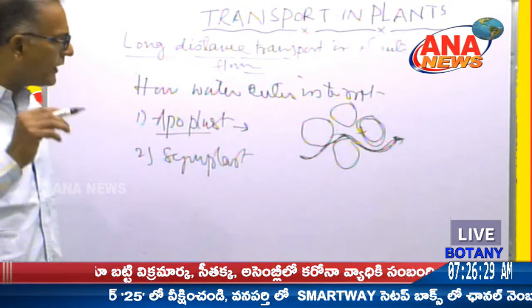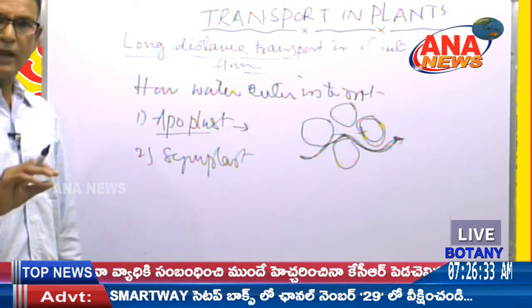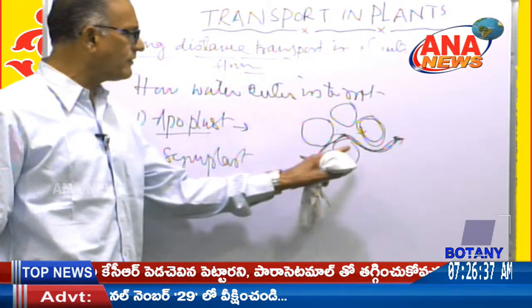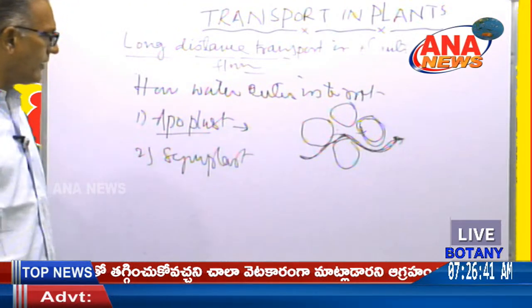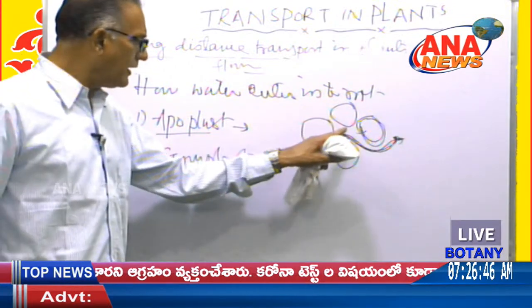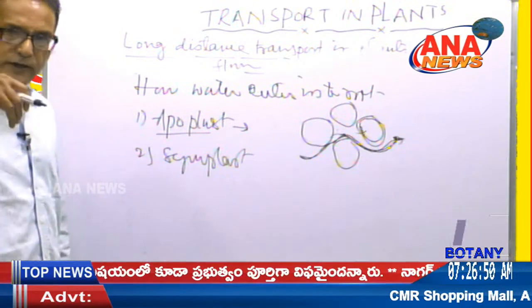Here, the water does not cross the cell membrane. In apoplastic movement also, water movement takes place based on the concentration gradient. As the water evaporates into the intercellular spaces or outside atmosphere, a continuous water stream is formed.